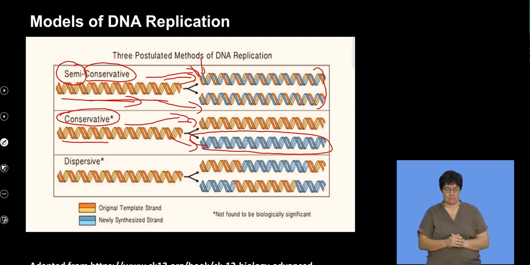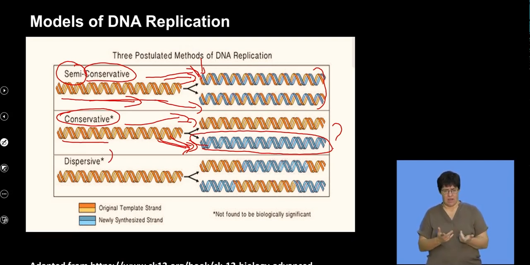Scientists have rejected this, purely because of the frequency at which mutations occur, this is possibly a model that would create a lot of faults in the DNA, essentially lots of mutations.